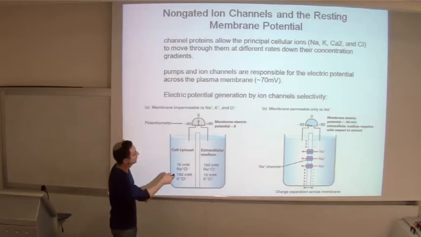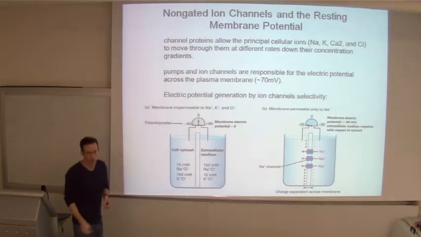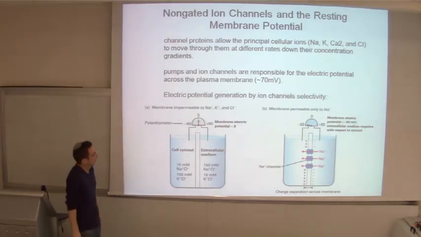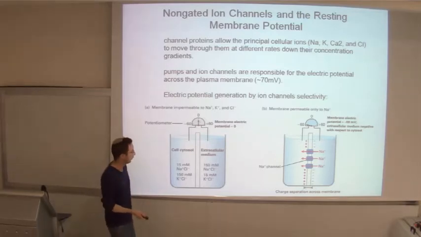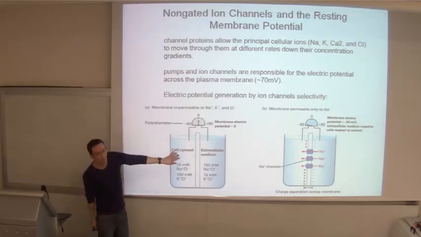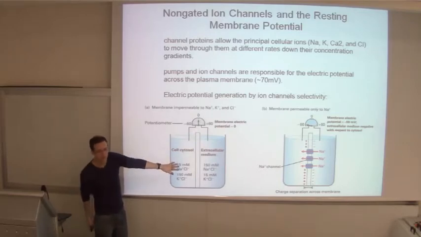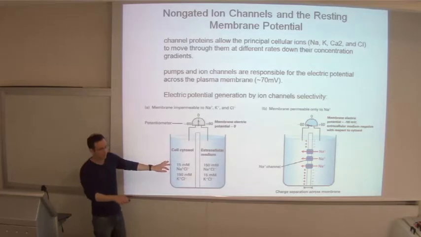This is why we sit at around minus 70 millivolts across the neuronal plasma membrane. Okay. What would happen if there were no ATP powered pumps, and still you would have passive holes right here?